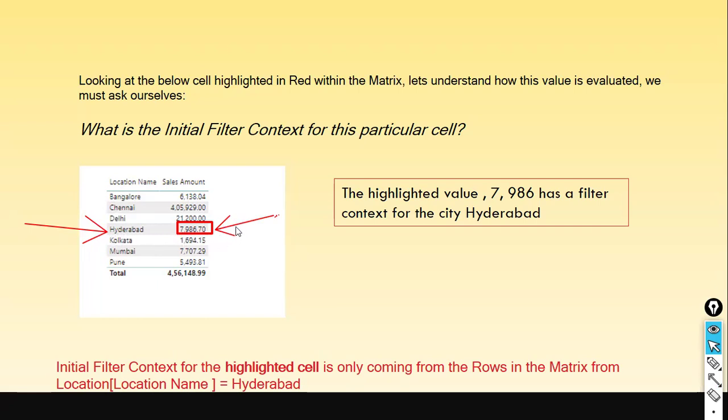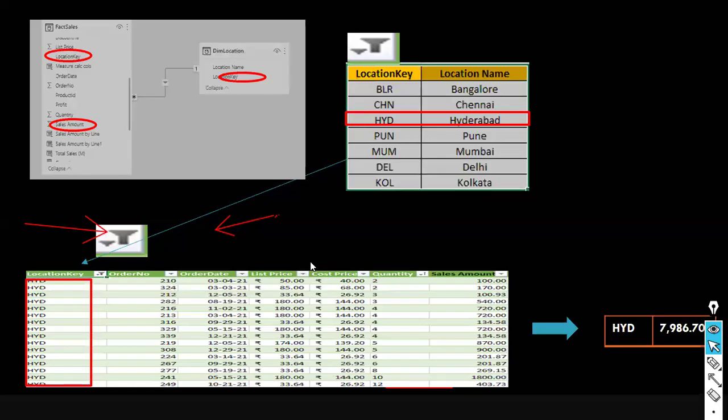If somebody asks you, this is the total sales amount for what? For the location Hyderabad. Location name equal to Hyderabad, so it applies the filter here. That is the initial filter context.